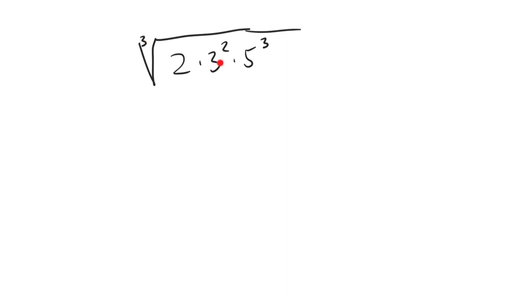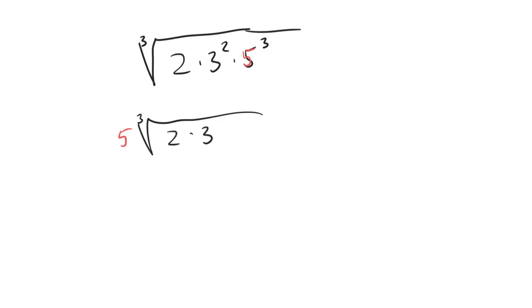Similarly, this prisoner called 3 does not have an exponent that matches this number. So therefore, 3 is stuck in jail. However, this prisoner called 5 is definitely showing an exponent that matches the index. So it is the 5 that gets out of jail, not 5 to the third, but 5 itself.